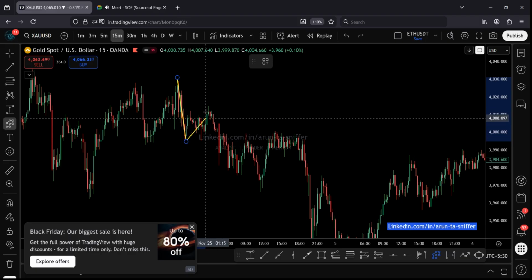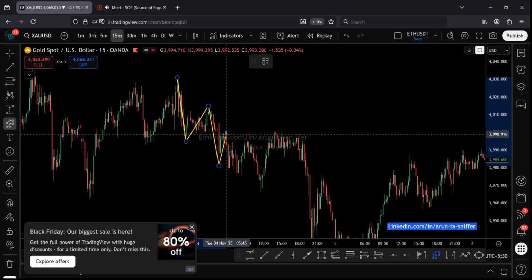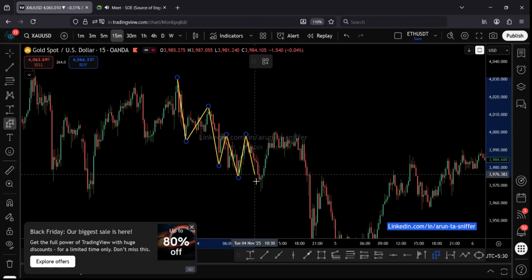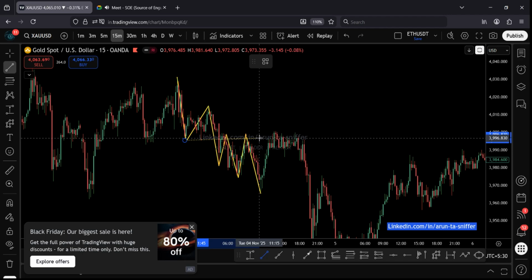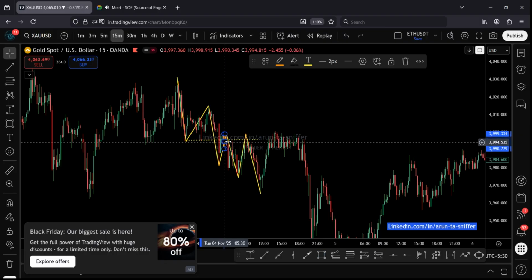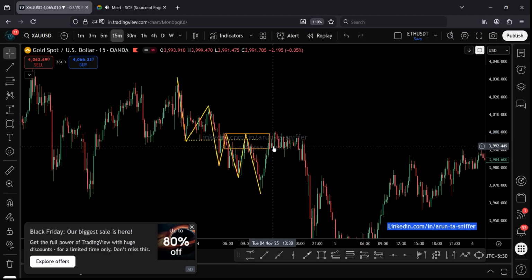Price comes down, goes back up, comes down, goes back up, comes down, then goes back up and comes down. So what happened here? The first one, and we have a zone right here, and price comes down to right here. Third one.